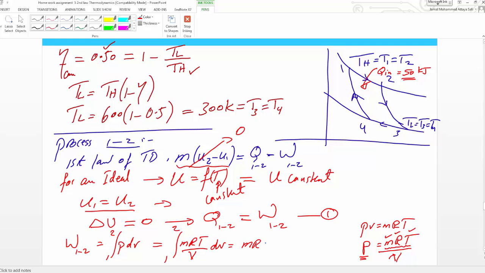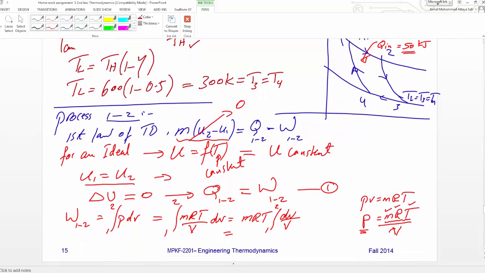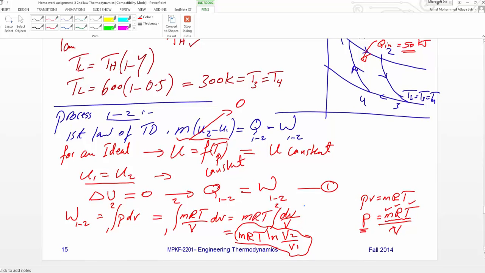Then you can take mRT out and integrate dV divided by V, and we know that this is equal to mRT times the natural logarithm of V2 divided by V1. So for an isothermal process, this is how we calculate the boundary work.